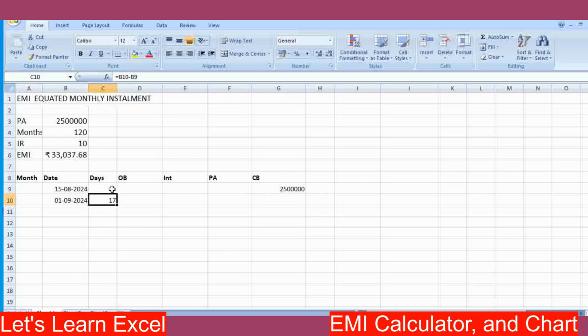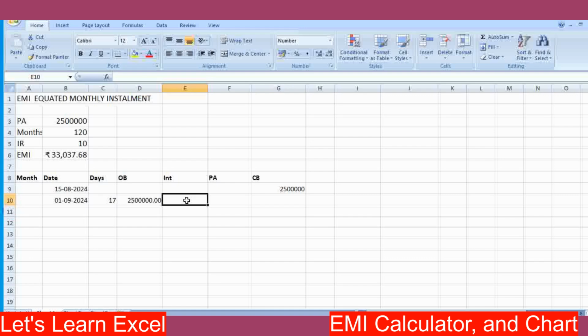Now here the opening balance will be the same as the closing balance of the last month. So again here a formula, we will refer to this cell. Enter. So now 1st of September, days 17, opening balance is, now we have to calculate interest.